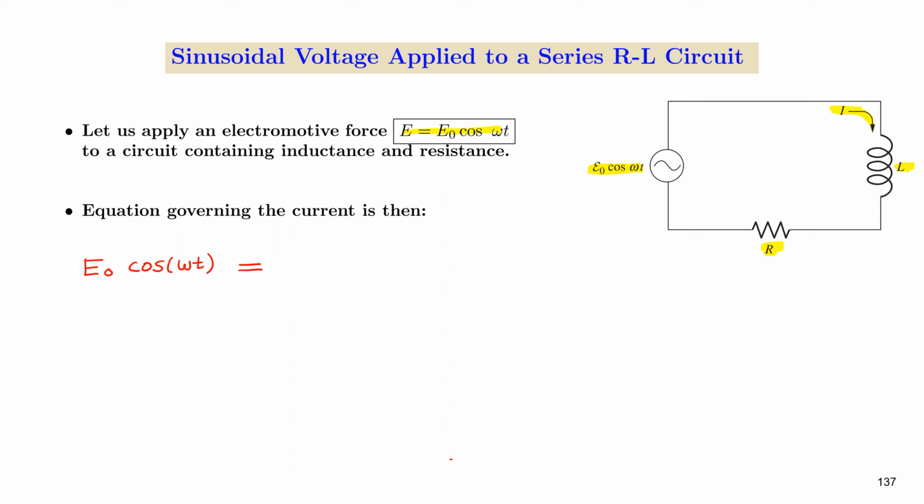And this creates a voltage drop of L times di by dt across the inductor and a voltage drop of Ri across the resistor. So E0 cos omega t is equal to L times di over dt plus R times I. Let us denote this by equation number 1.